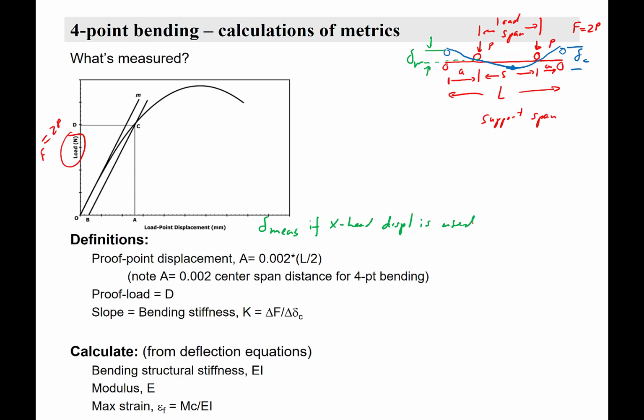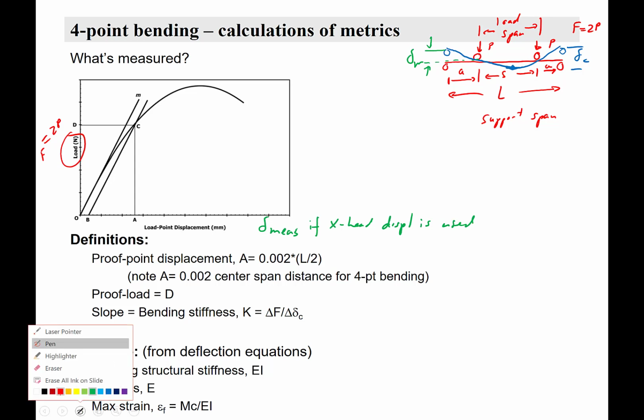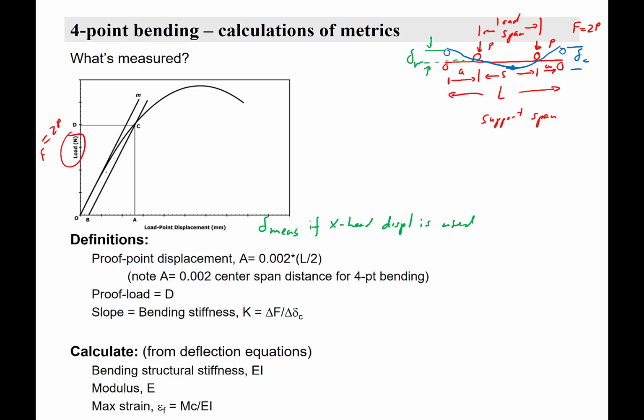So what do you have to calculate? You have to calculate the slope of this curve, K, using linear regression, and that is the bending stiffness. And so that is basically a measure coming out from the data, and you just do regression to get that.